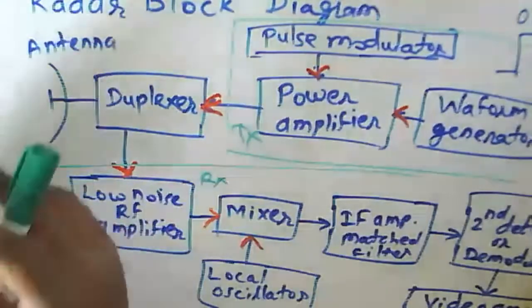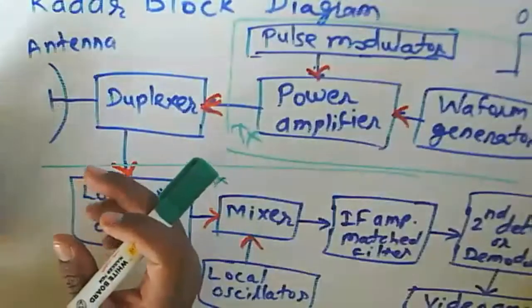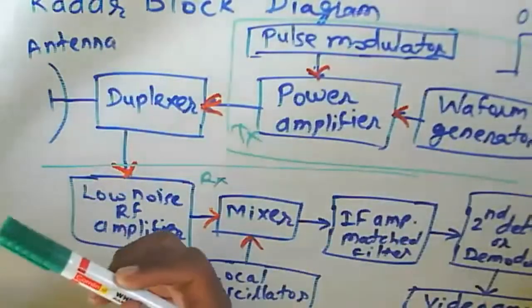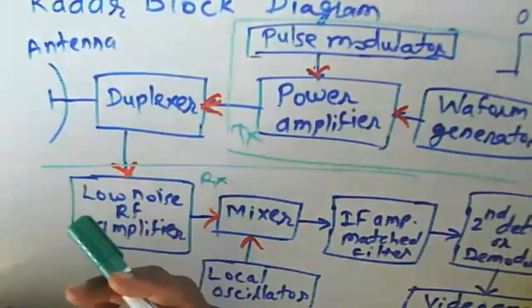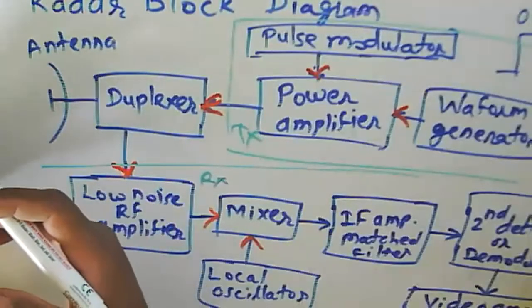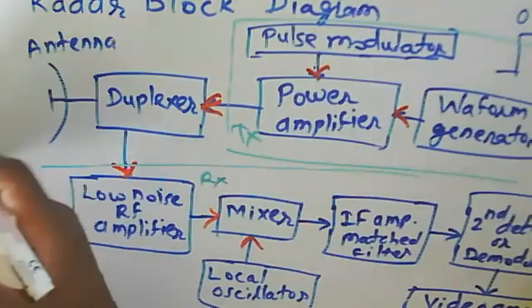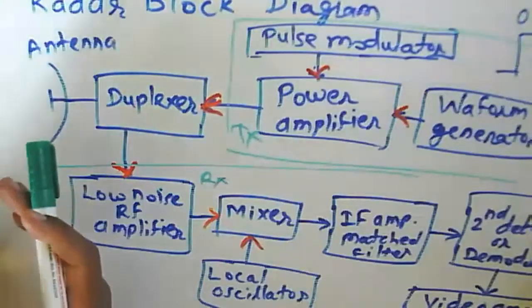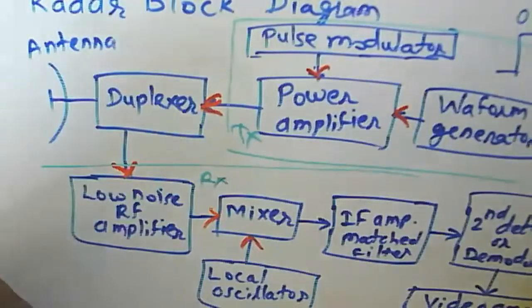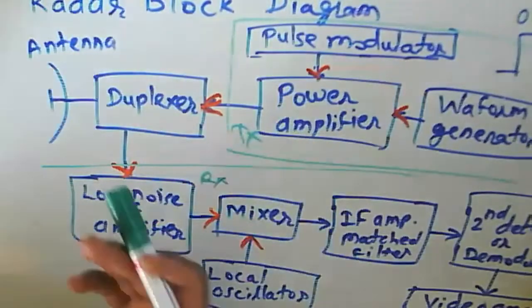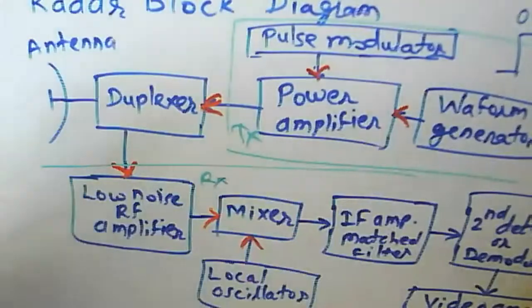So we need to rotate the antenna 360 degrees in azimuth, in the ground plane. Or we are supposed to use different phases to be provided, so that instead of rotating, if we are using a phased array antenna, rotation is not necessary. The beam will be diverted in any other direction, so in that case we can receive the echo signal.